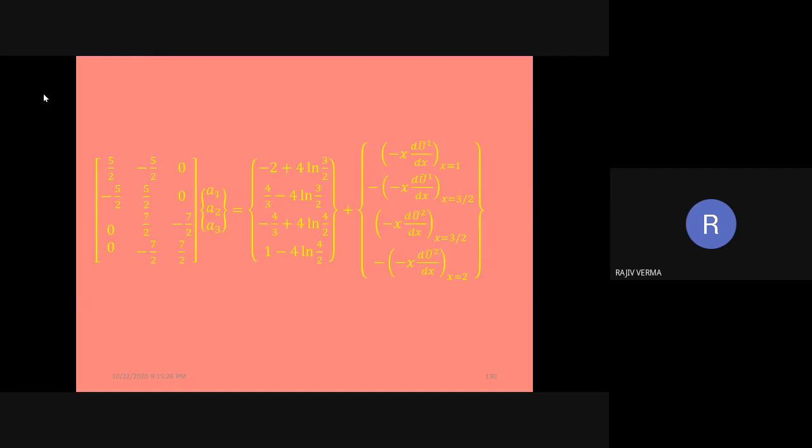So once columns 2 and 3 are added up, you end up with four equations and three unknowns. That is four equations and three columns. And obviously, this is a rectangular matrix, so it is not going to be a symmetrical matrix.